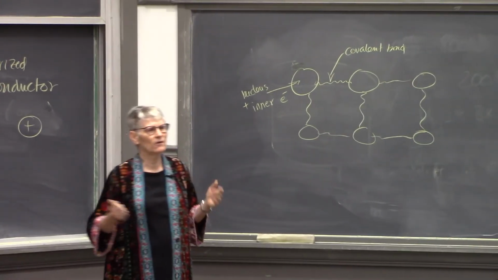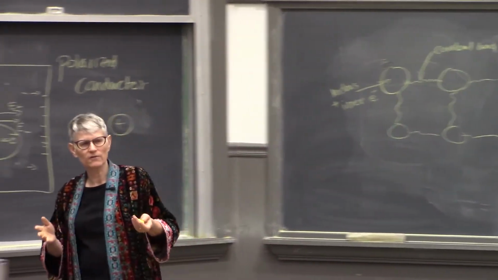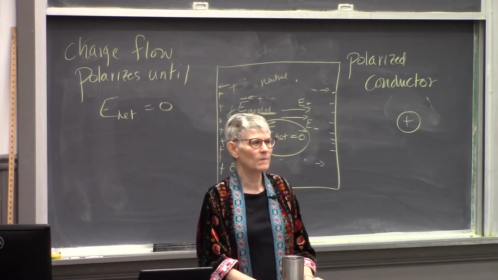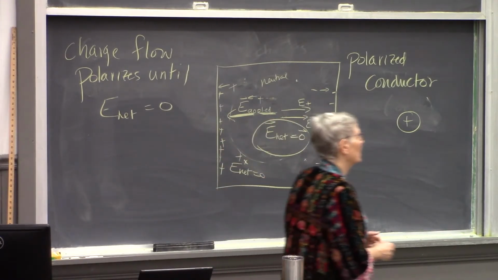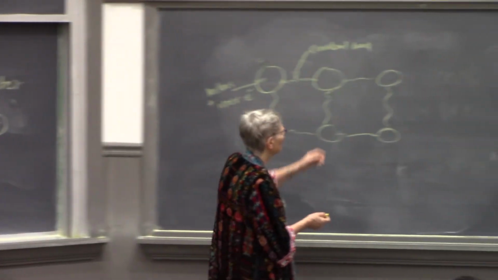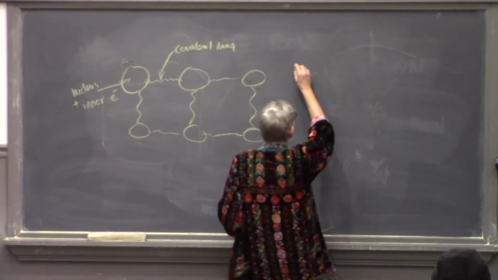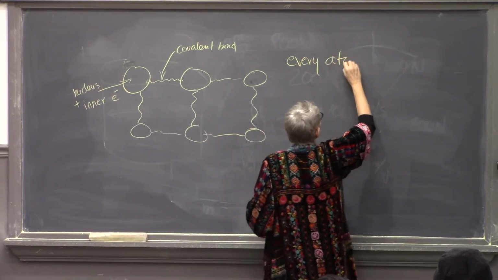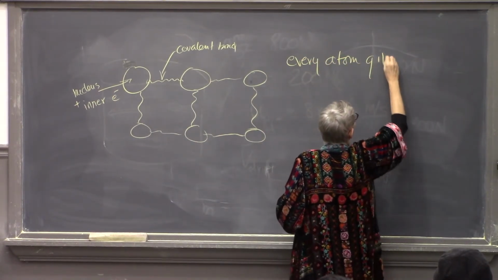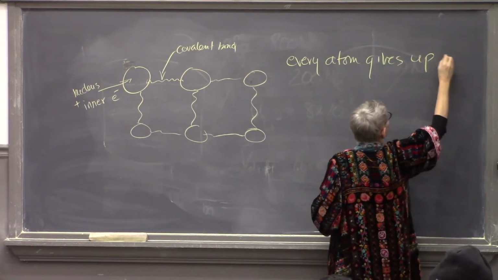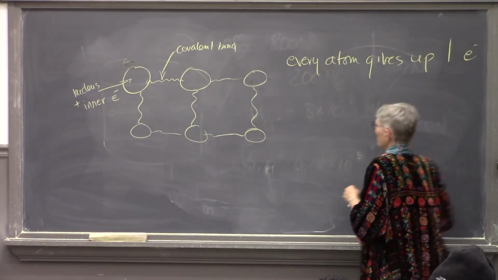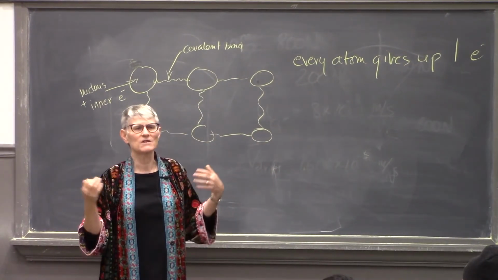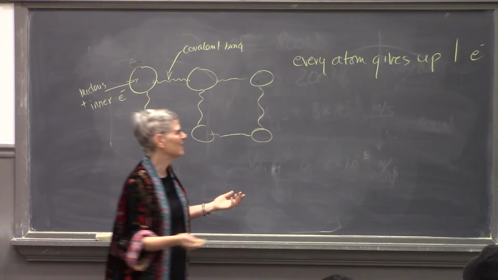What happens in a metal is very interesting, and we have to refine our model of metals a little bit here. In a metal, it turns out that every atom gives up one electron to form what we call the mobile electron sea in a metal.